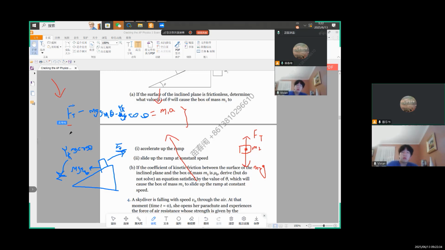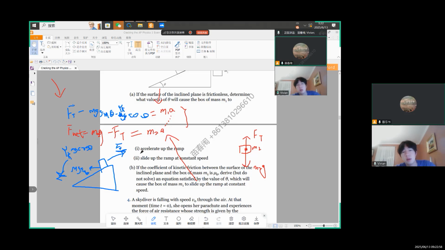I only have 2 forces: m2 g minus FT, equals m2 a, because two objects on the same string have the same acceleration, same velocity, same time.